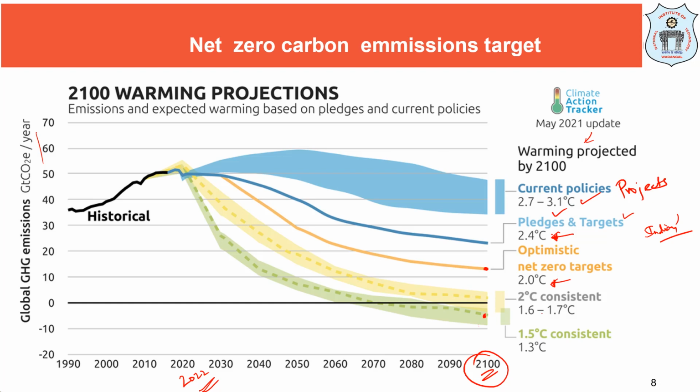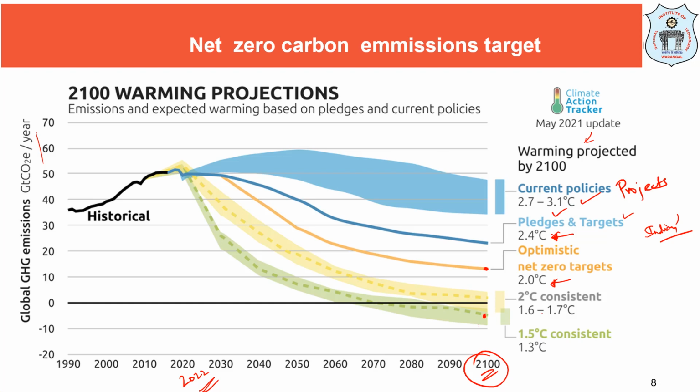If you assume optimistically, let us say that every industry has changed their strategy, so the net zero target is achieved. In that case, we are going to have a temperature increase of 2 degrees Celsius. So that is what is being expected.